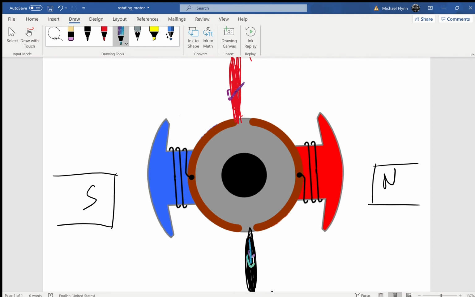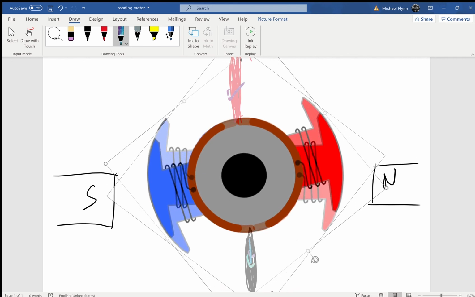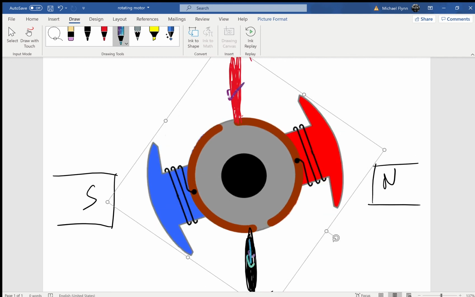In other words, they're about to cross over the gap. And as they cross over the gap, in this position, now they switch poles again, and we're back where we started from. So every half turn, this motor is designed to flip the polarities of the rotating armature to keep it spinning, in this case in the counterclockwise direction.